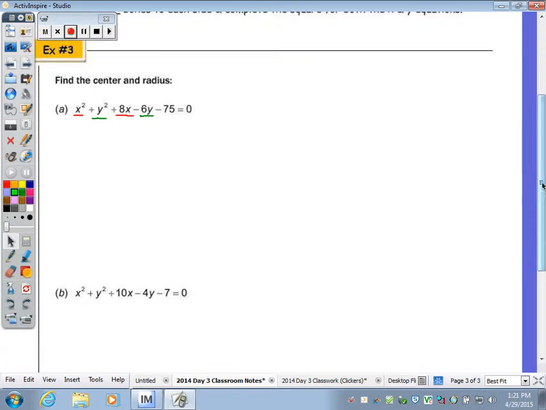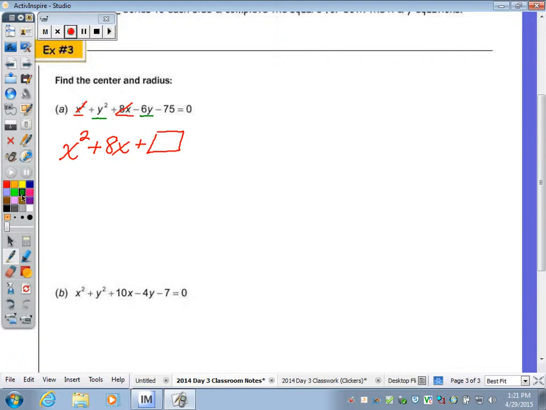So therefore, I have, putting it again in order with the x's all together from highest to lowest, or descending order, x² + 8x, and that's part of the 1 perfect square trinomial.